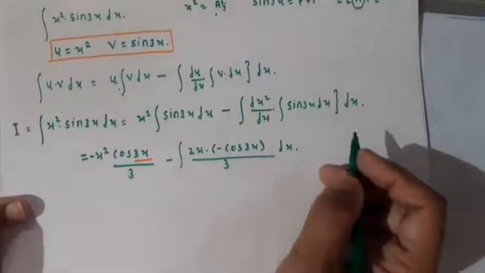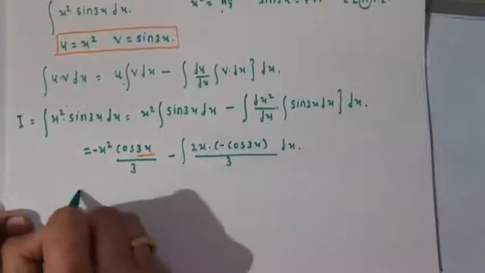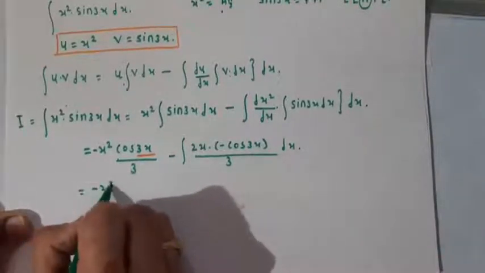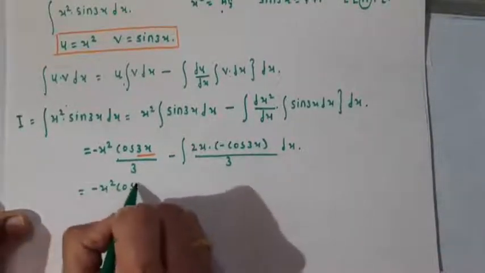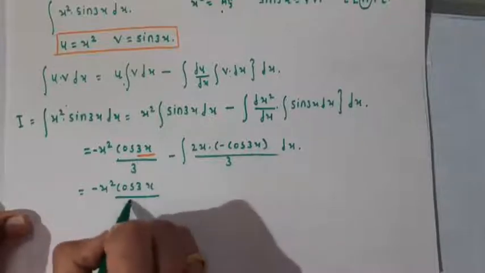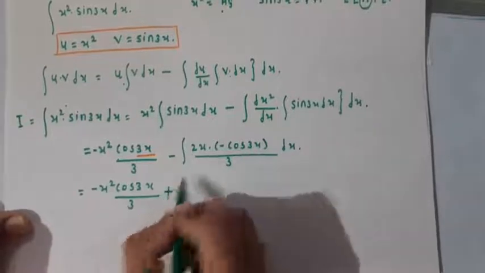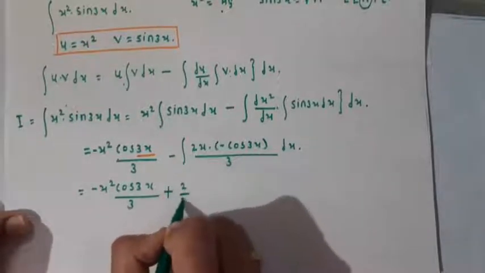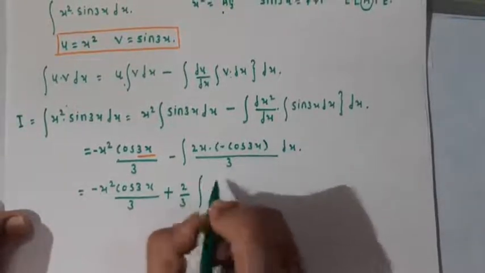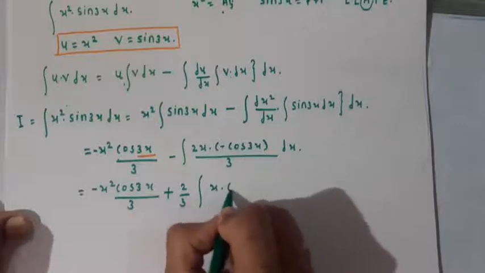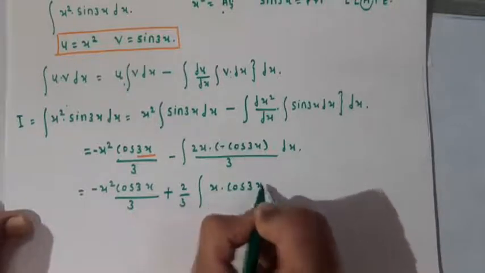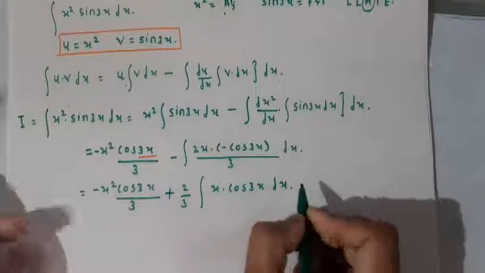Okay students, in this way. This is minus x square cos of 3x upon 3 minus, take this minus minus becomes plus, this 2 by 3 outside the bracket, and now integration of x into cos of 3x with respect to x.